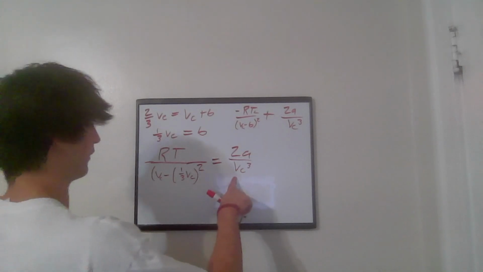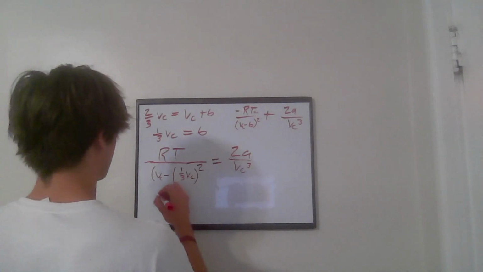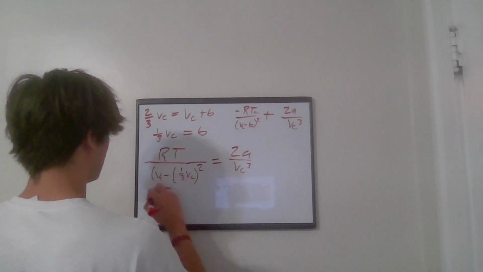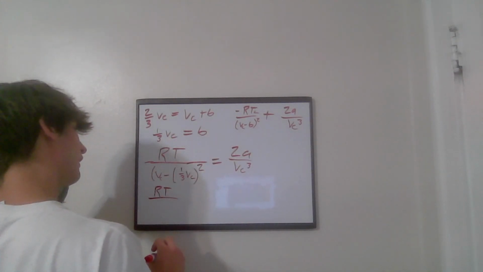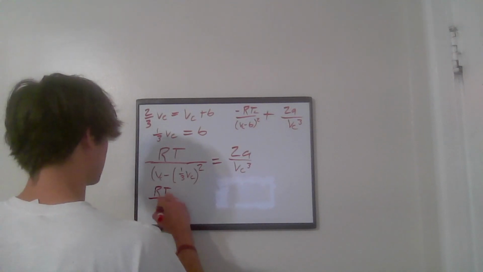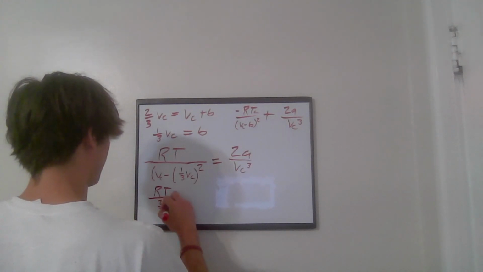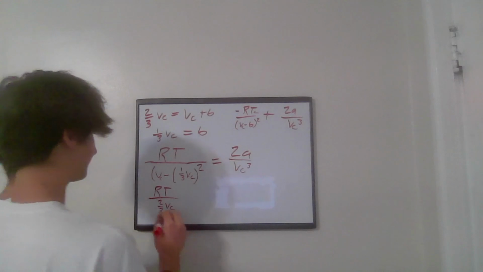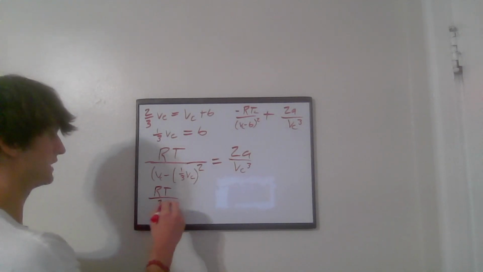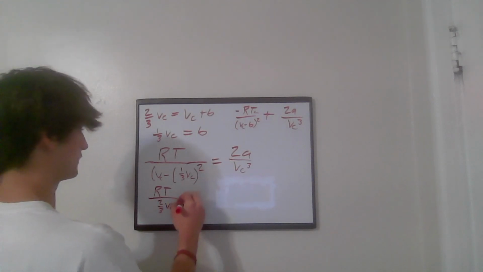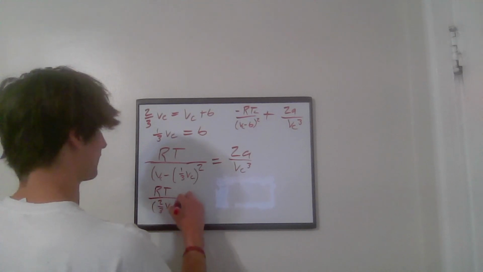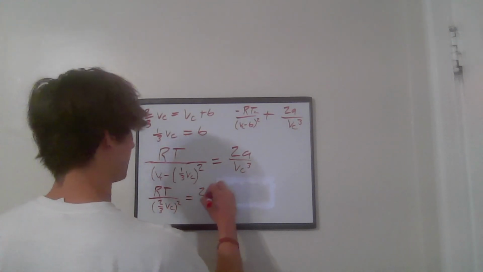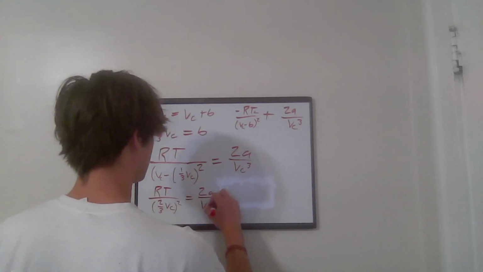Now we can solve for our A. So down here, RT over 2/3 VC, squared, equal to our 2A over VC cubed.